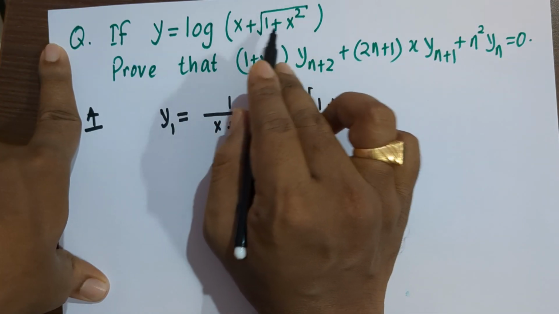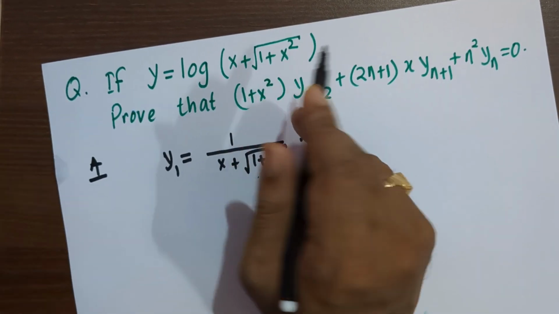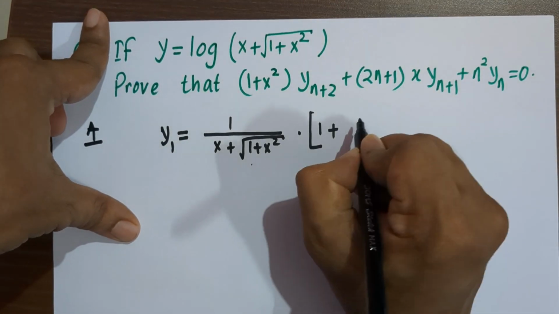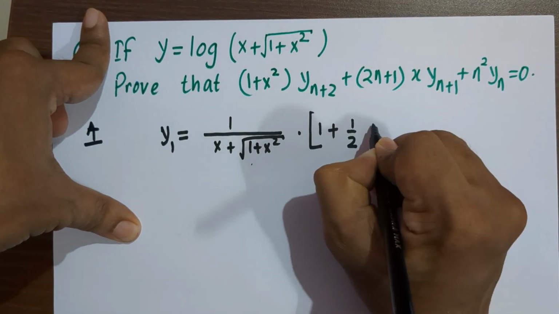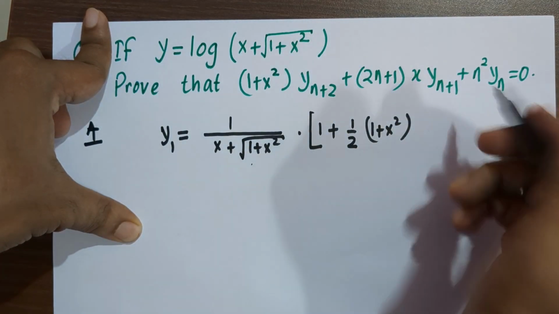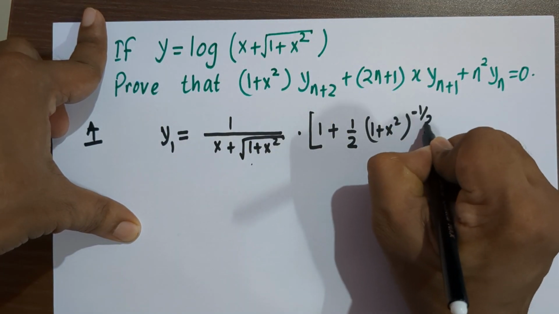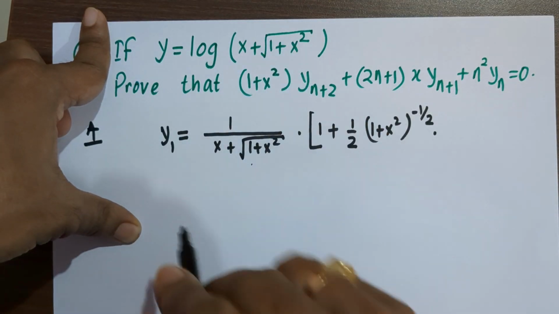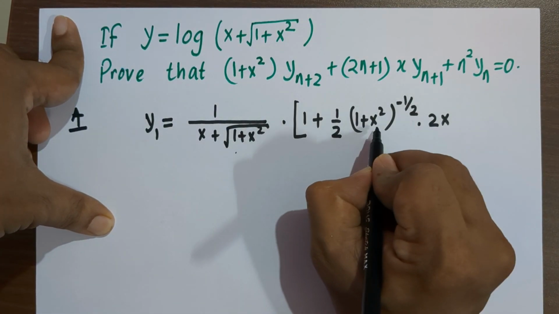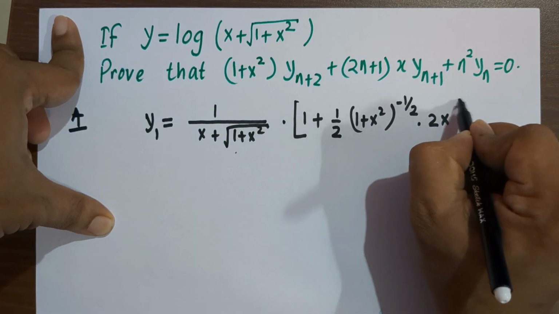Here we will also apply the chain rule. We have (1 plus x squared) to the power 1 over 2, and 1 over 2 comes outside, (1 plus x squared) to the power 1 over 2 minus 1, which is minus 1 over 2, then the derivative of 1 plus x squared by the chain rule, which is 2x. The derivative of 1 is 0, the derivative of x squared is 2x.